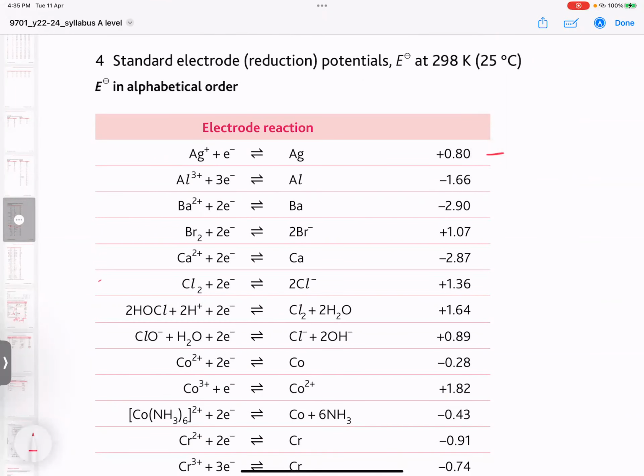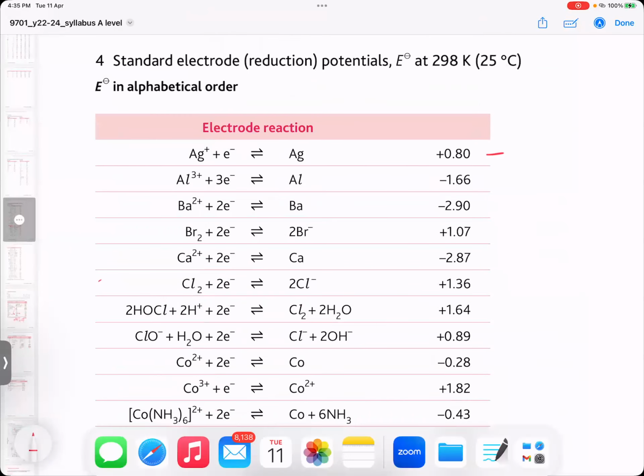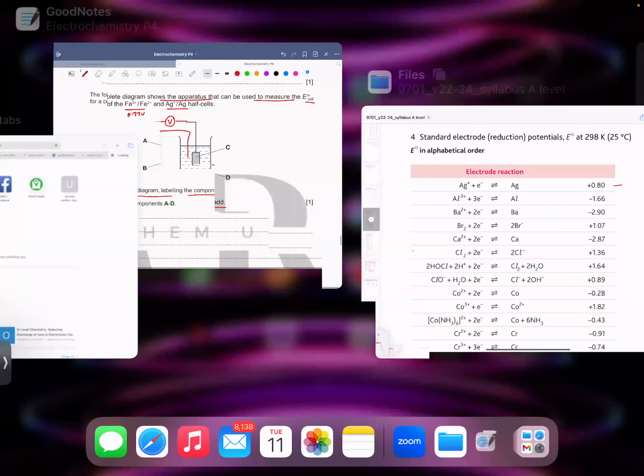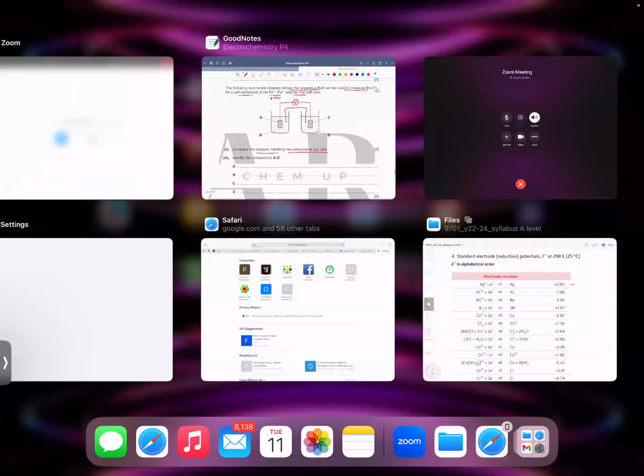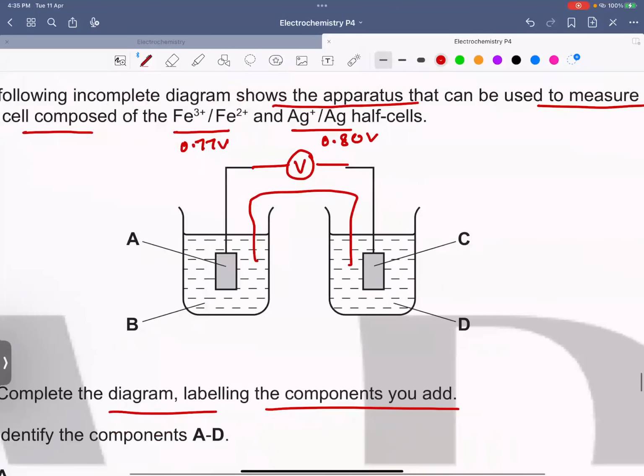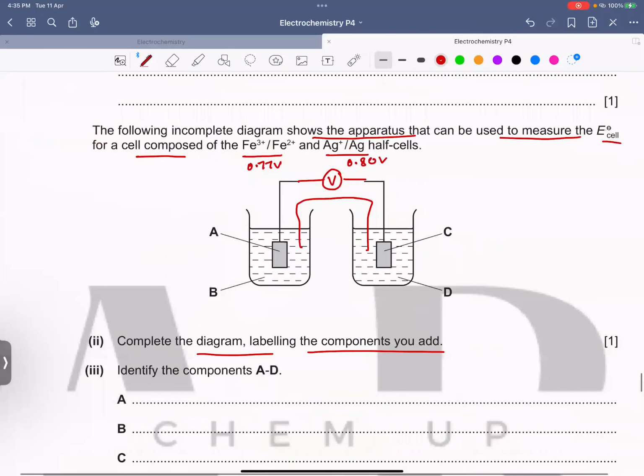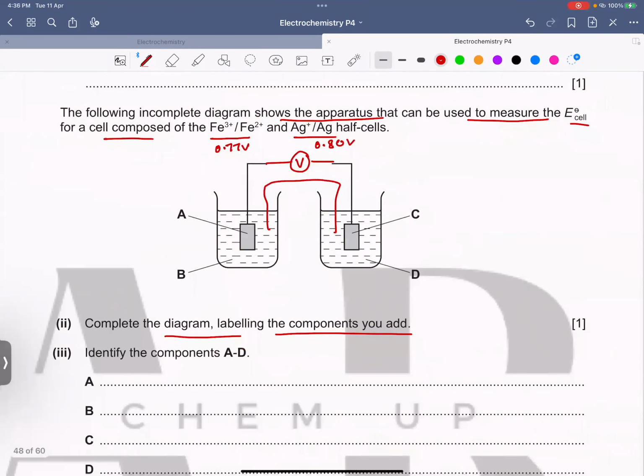It's 0.80. So in this case, it could be anything, it depends. But when we talk about this half cell, the electrode is platinum, and in this half cell, the electrode is silver. Is this understandable to everyone?